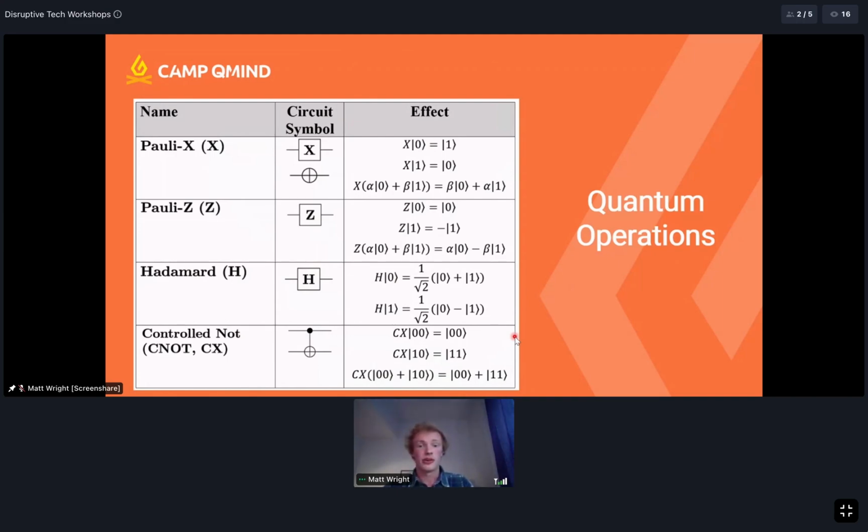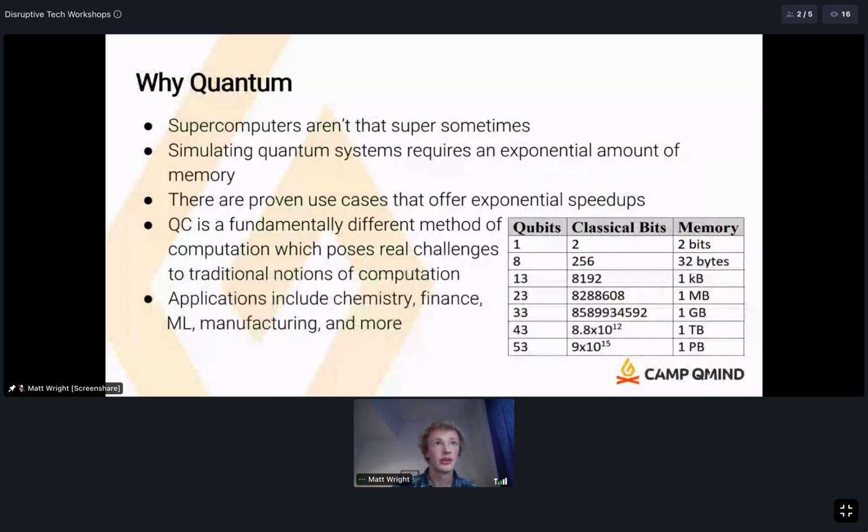But now I'd like to talk about why quantum. Because it's weird, you know. And it's expensive. Building a quantum computer is not only tricky, but a lot of specialized parts go into it. So let's understand the motivation and the benefit that quantum computing could provide.